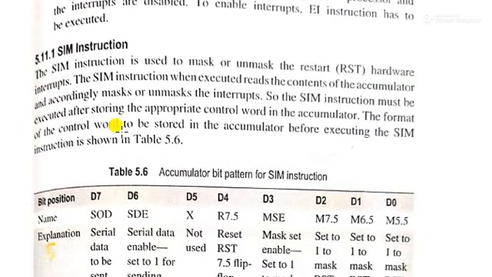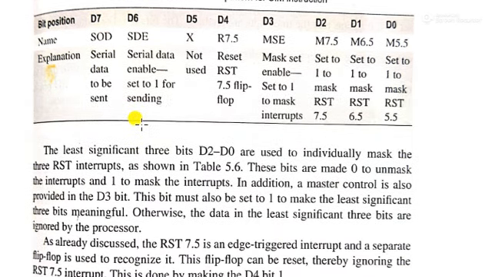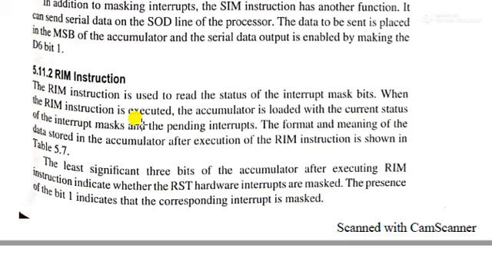Suppose one programmer writes a SIM instruction and sets, masks or unmasks RST 7.5, 6.5 and 5.5 according to their own purpose. After that, another user comes and wants to know which interrupts are currently masked and which are not. At that time they use the Read Interrupt Mask instruction, to read which maskable interrupts are masked or unmasked.